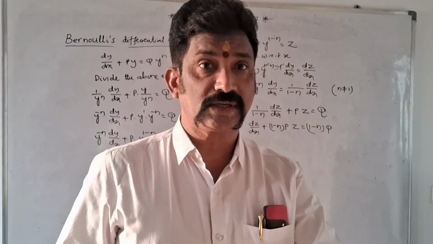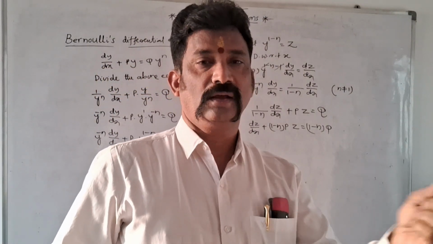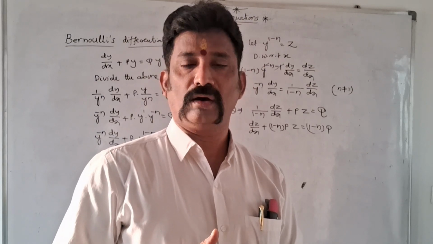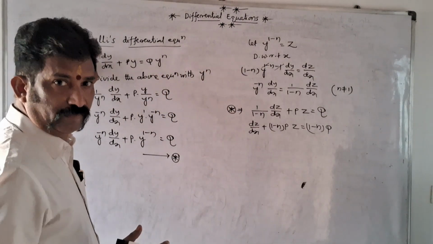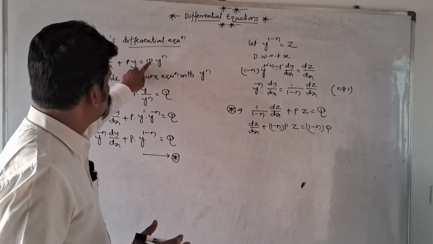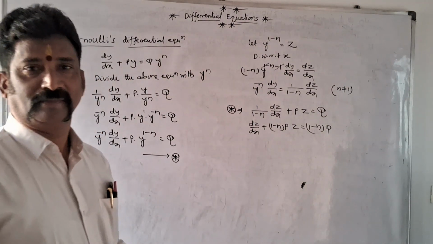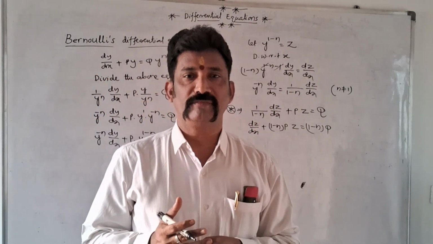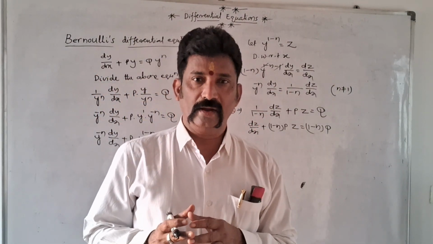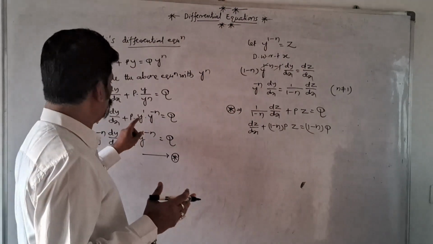Once you recognize initially whether it is a Bernoulli or a linear differential equation in y or x. How to recognize a Bernoulli differential equation? dy by dx plus py is equal to q into y power n. Then what is the process? Divide the whole equation by y power n, and p into some value is there, no?